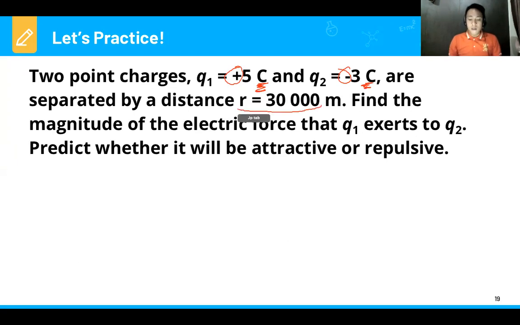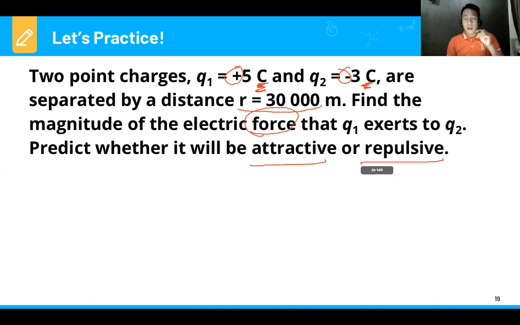Find the magnitude of the electric force that Q1 exerts on Q2. Predict whether it will be attractive or repulsive. So we have two main questions. We need to find the force, and is it attractive or repulsive?